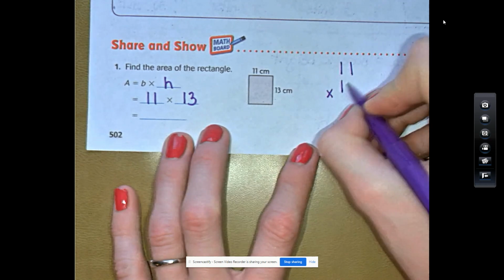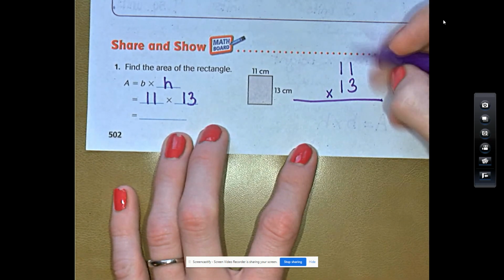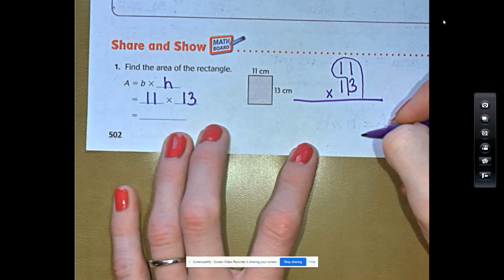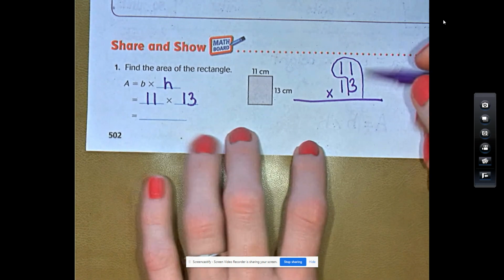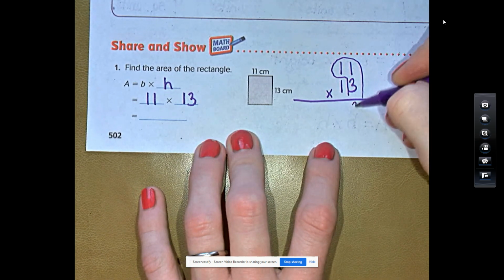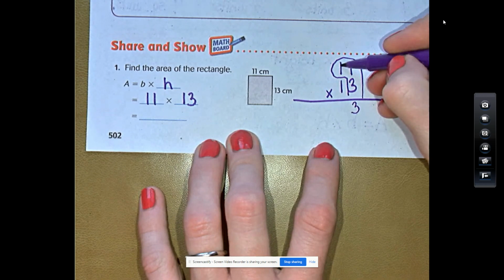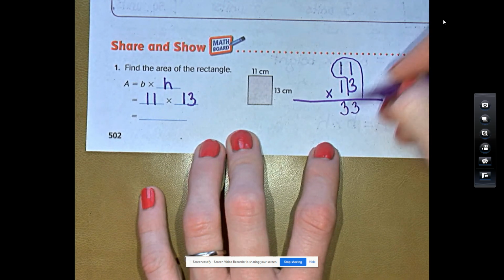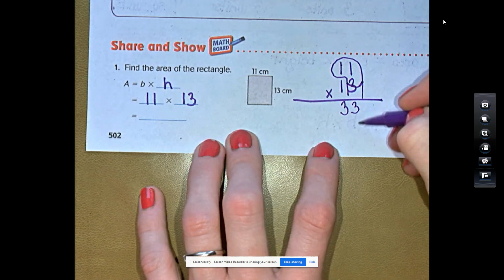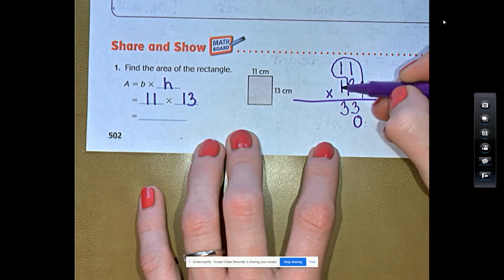You're going to get 2 rows of turtle head, right? You're going to get a row here, partial products, and you'll add them together. 3 times 1 is 3. Cross off carried numbers. I don't have any. Draw a collar. Lay an egg. 1 times 1 is 1.